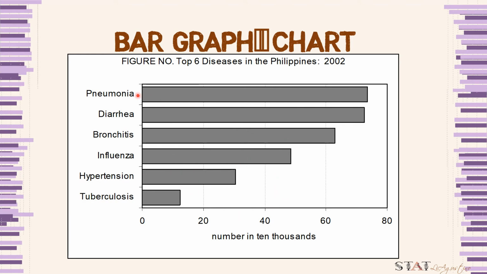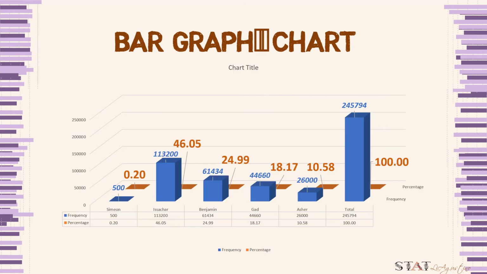Some are using it in the horizontal and some are doing it in a vertical way. So for example, this one, actually I created this using Excel, and you will know this later so that you will know how to present your data as well. So some are doing it vertically. Then we have here the Simeon, Issachar, Benjamin, and then there is a frequency and then percentage.